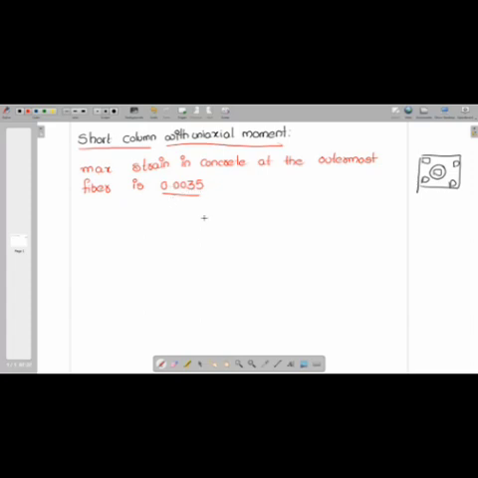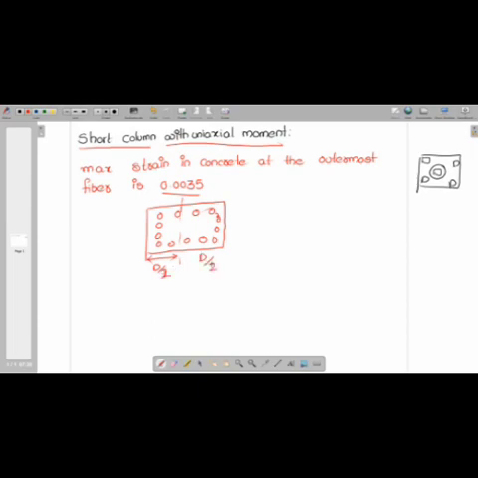Suppose, students, I consider this is a column reinforced in this way, and if I consider this as the depth, this is d by 2 and this is d by 2.